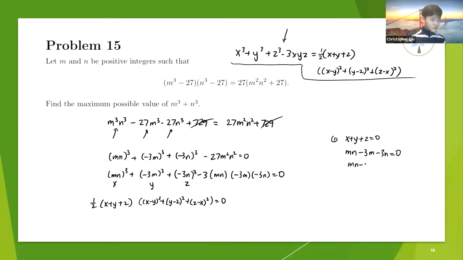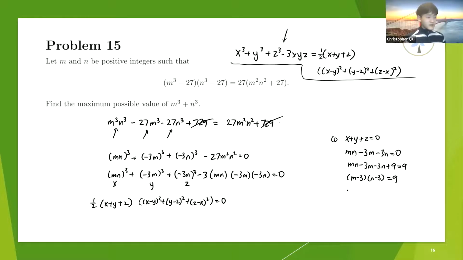And then we can add 9 to both sides, on which we can apply Simon's favorite factoring trick. So we'd have (m minus 3) times (n minus 3) is equal to 9.